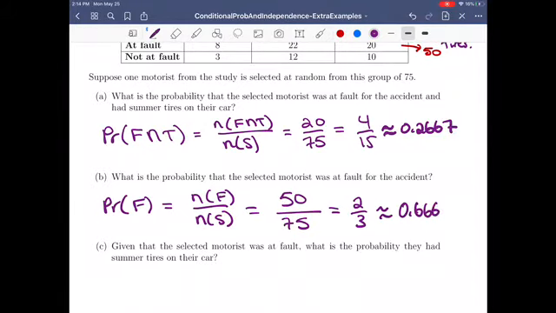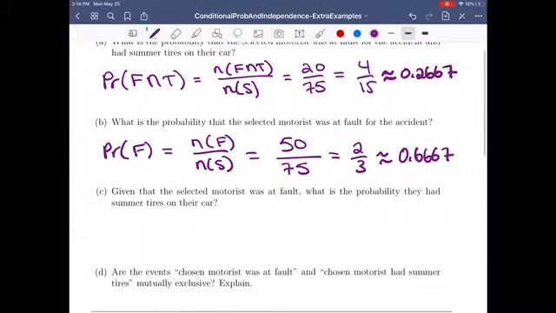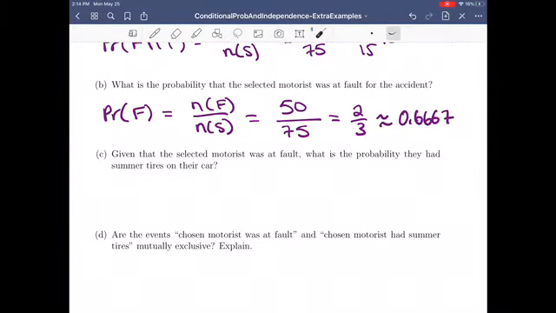0.6667. Now we're getting into some conditional probability. Given that the selected motorist was at fault, what's the probability they had summer tires? So we're looking for the probability of T given F. Using the formula, and since we have a uniform sample space, we can go right to the numbers.